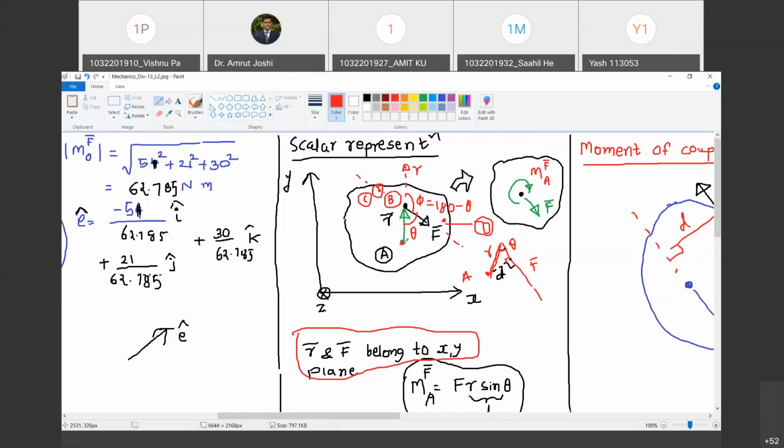Because if I find out the effect of this force at A, which does not lie on line of action of force, it has twofold effect. It has F as it is plus moment of force. So F is going to produce translation and this moment is going to produce rotational tendency at A. Do you agree with me?